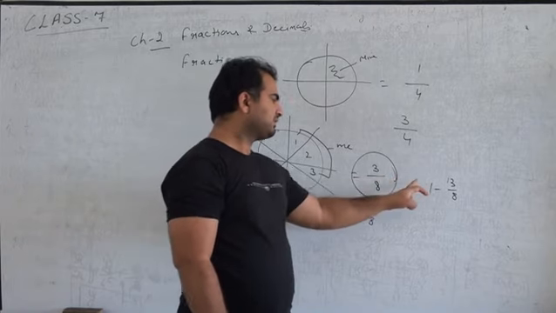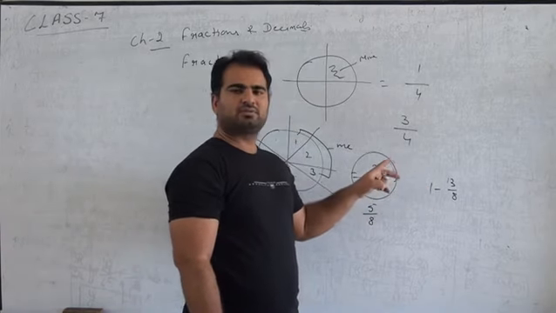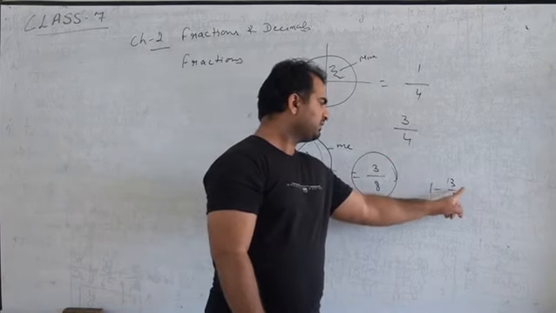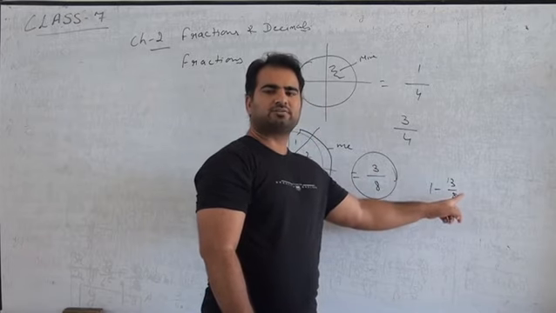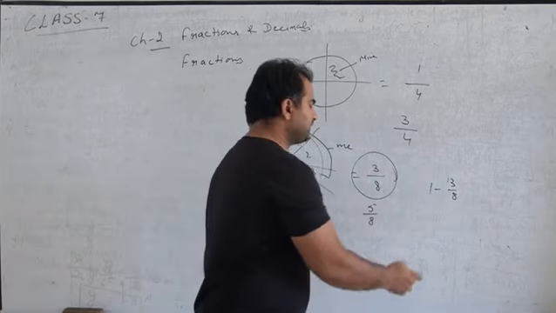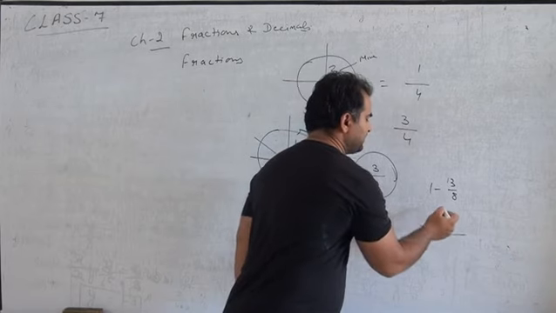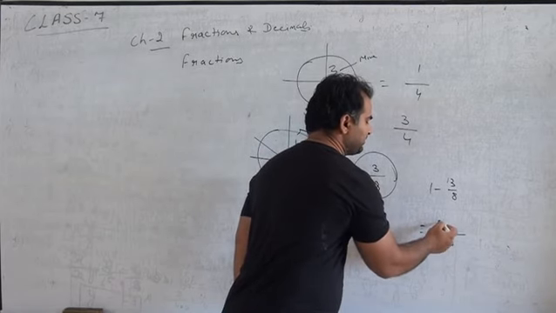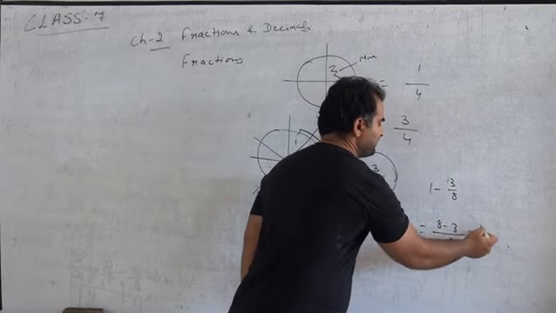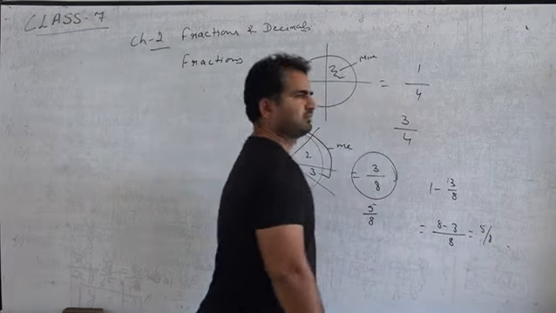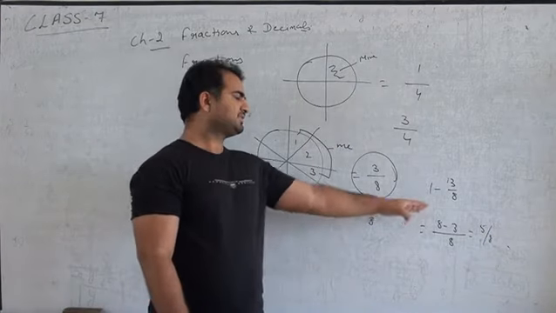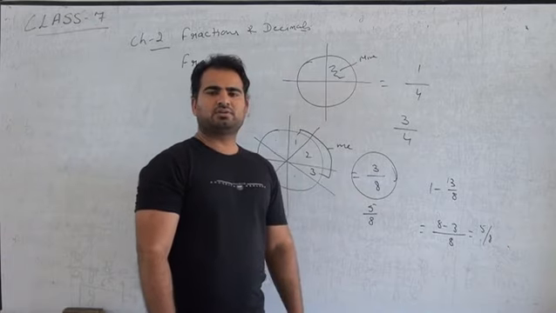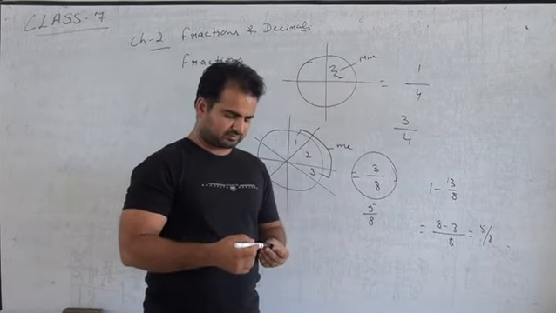Because we know that the total is 1, and I have eaten 3/8 of it. So we have to take the LCM. It will be 8. 8 minus 3 equals 5 by 8. This reveals again how to subtract fractions.